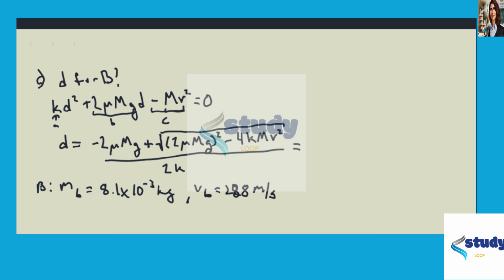K we just found in the previous part. We're going to find a d of 12 centimeters. And so this is nice. If you recall, d max was 25.